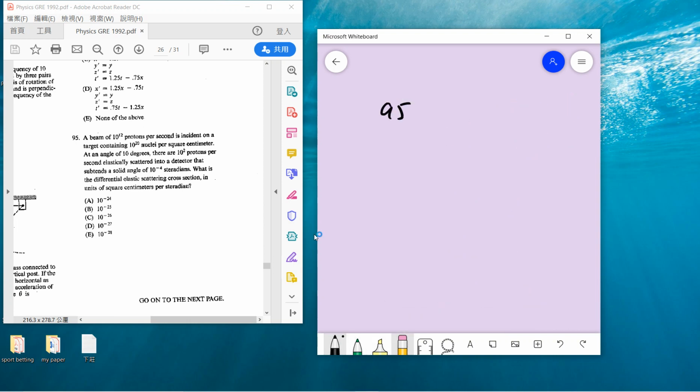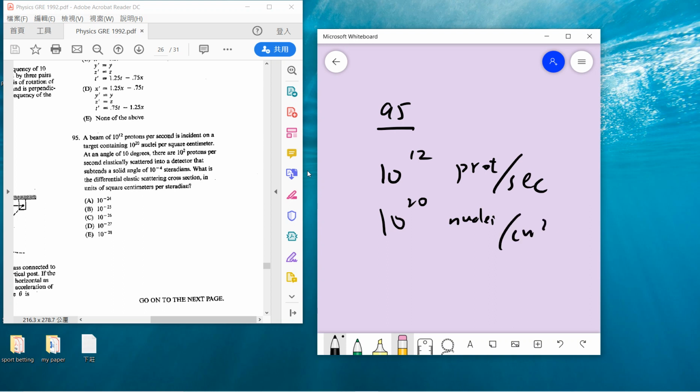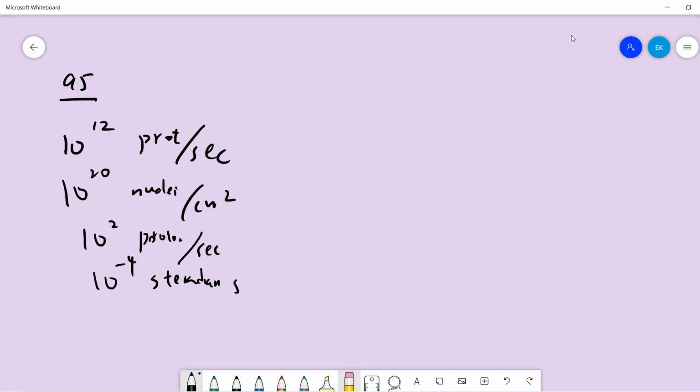Okay, so 95. You can read the question by yourself. What do you want? You want the cross section, and the cross section is in square centimeters. So all we need is a unit analysis. We want to combine the quantities which contain the unit. We have 10 to the 12 protons per second, 10 to the 20 nuclei per cm squared, then 10 to the 2 protons per second, and then 10 to the minus 4 steradians.